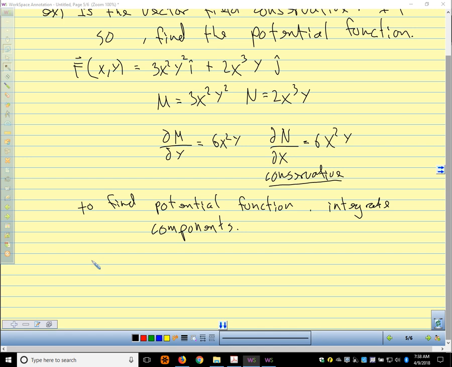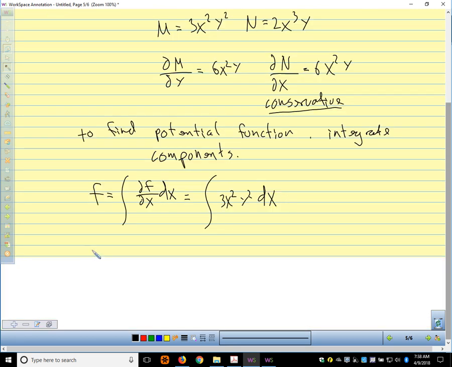So we're going to say that f has to equal the integral of df dx, where f is our potential function. And in this case, that's going to equal the integral of 3x squared y squared dx.